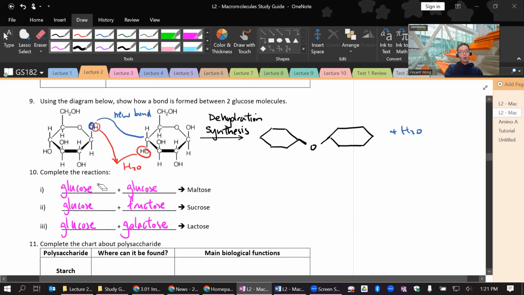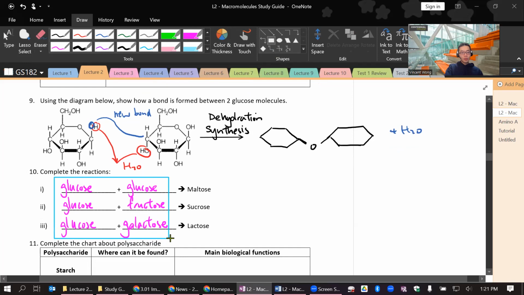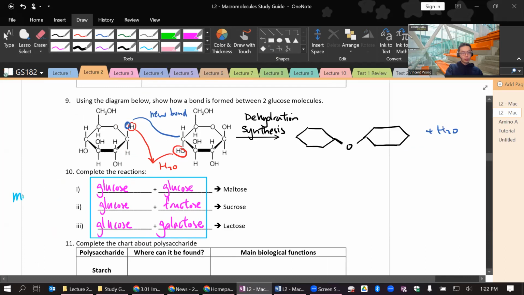Okay. So all these things here, the stuff on the left, I just want to reiterate, these are monosaccharides, single sugar. Monosaccharide. It's one word: M-O-N-O-S-A-C-C-H-A-R-I-D-E.